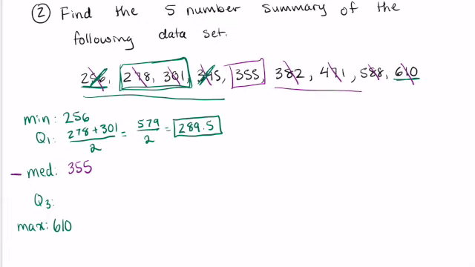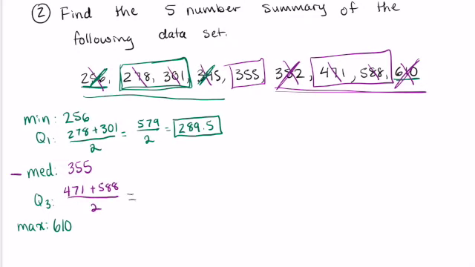So next, let's check the Q3, or the median of the upper half of the data. I'm going to cross off. I'm left with 2 numbers in the middle here. And when I take 471 and add that to 588, we're going to divide that by 2, and I get 1,059 divided by 2.